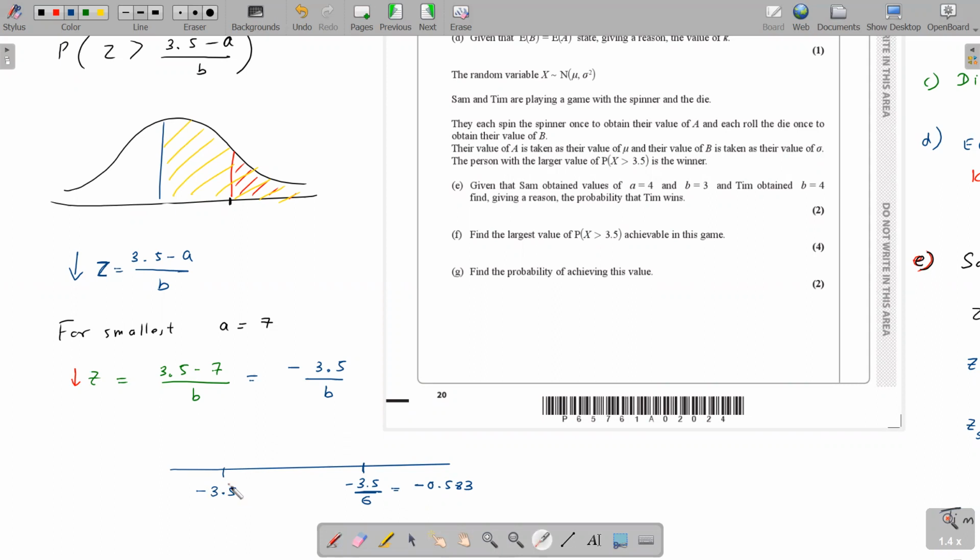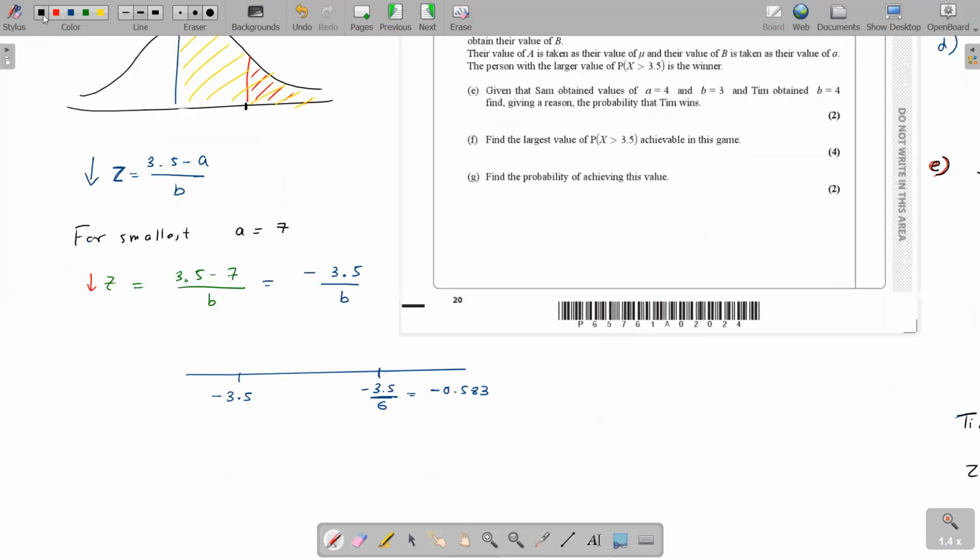So in this case, don't use the denominator as high as possible and use B 6, because that number is actually larger, because the numerator is negative. Do you understand? So for the smallest Z, A should be 7 and B should be 1.